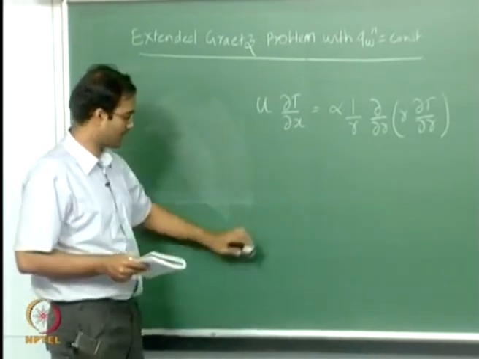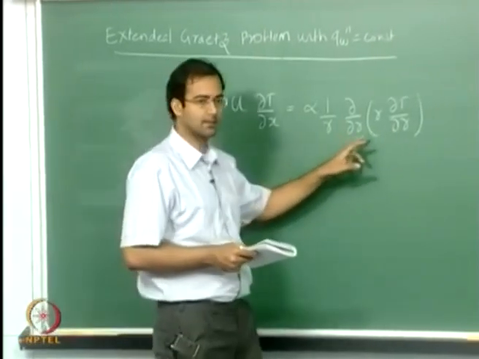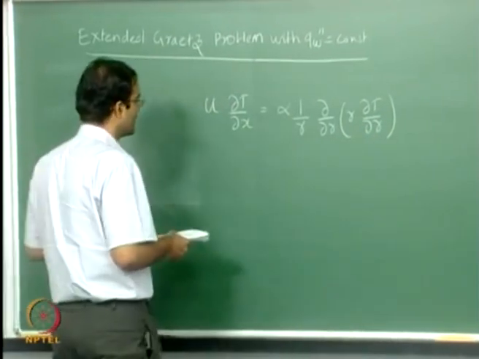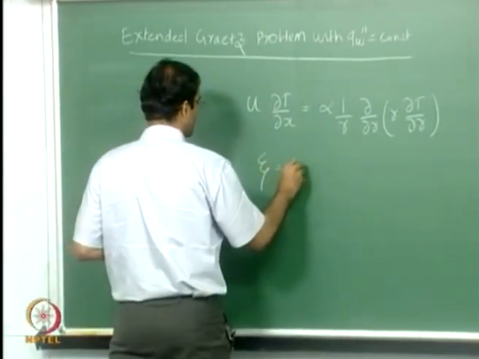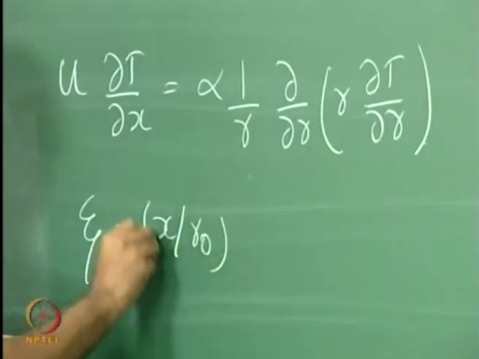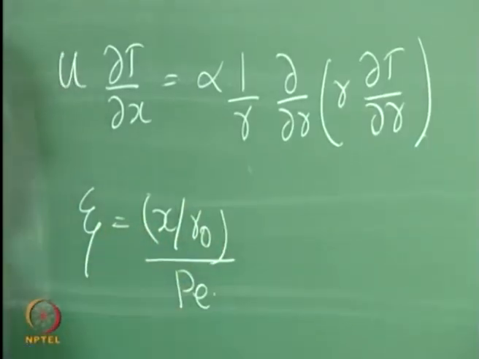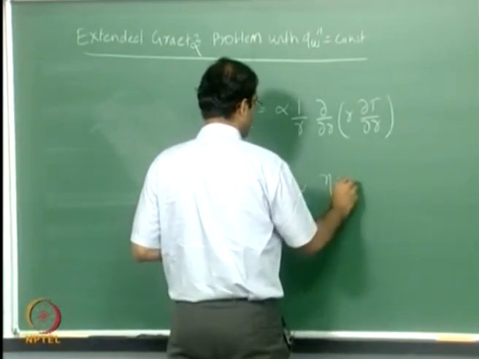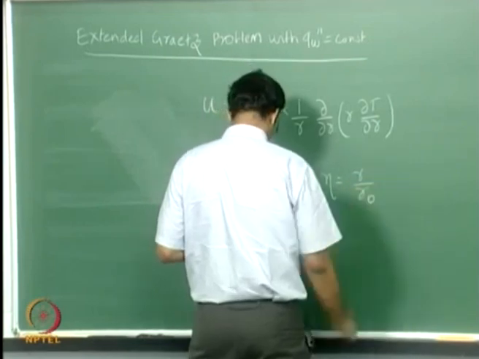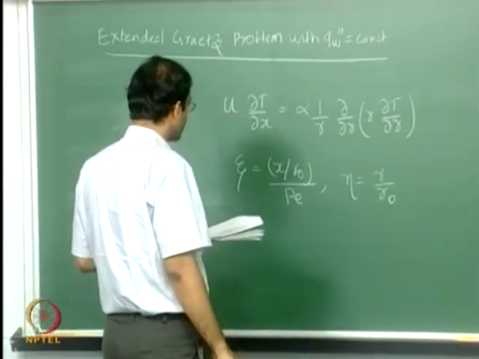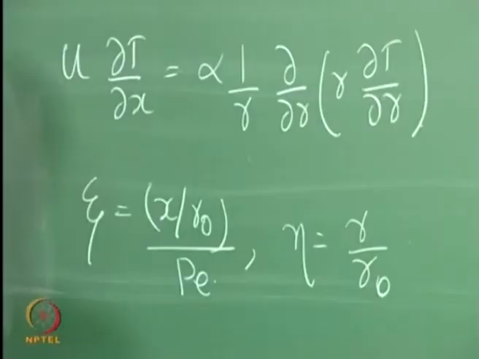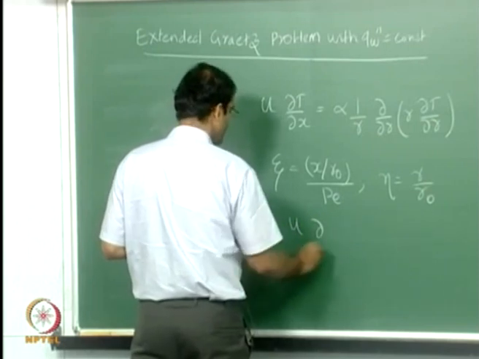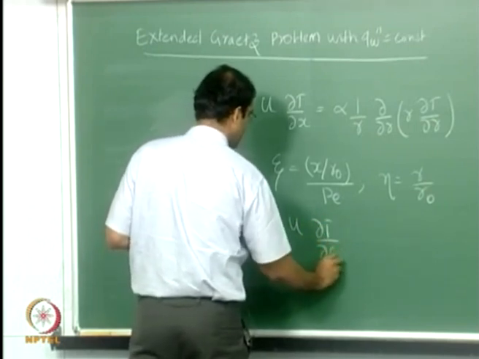So what we will do, however, is to non-dimensionalize the coordinates for x and r. Okay, so we will write that in terms of zeta, and we will define zeta as x by r naught divided by Peclet number, and my non-dimensional r is eta, which is r by r naught. So if you substitute this into the energy equation, you get u dT by d zeta.